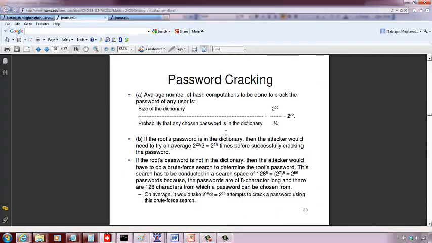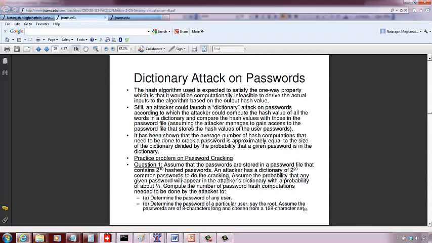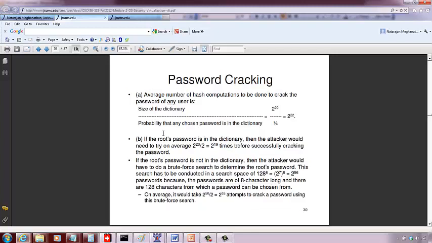So the 1/4 given in the problem statement is the probability that any given password in the password file will come from the dictionary. So we can say that the average number of hash computations needed to crack the password is the size of the dictionary divided by the probability that it comes from the dictionary.